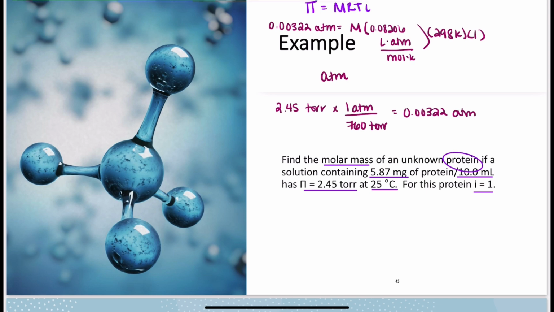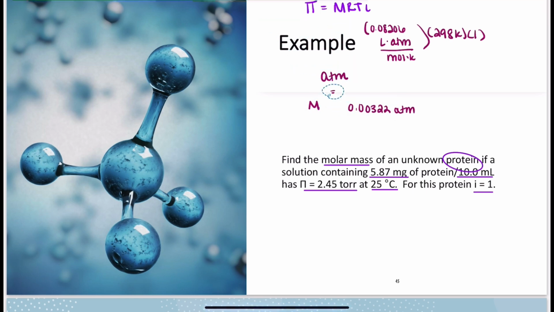Now let's rearrange this equation. What I'm trying to solve for is my molarity. My molarity is equal to my pressure. Again, I just moved them around. I know it confuses some students.